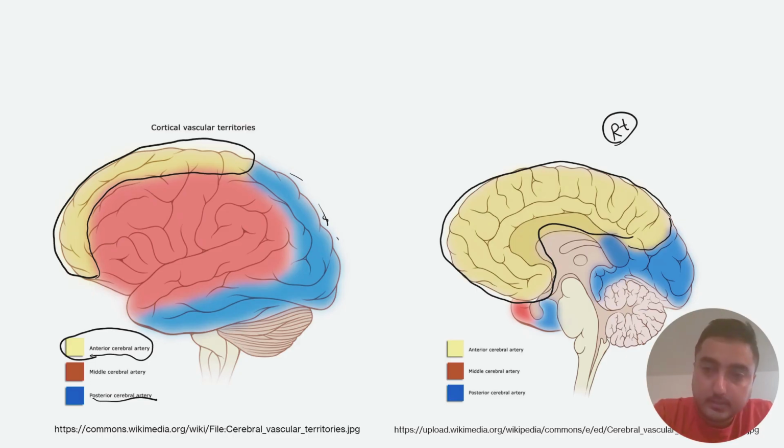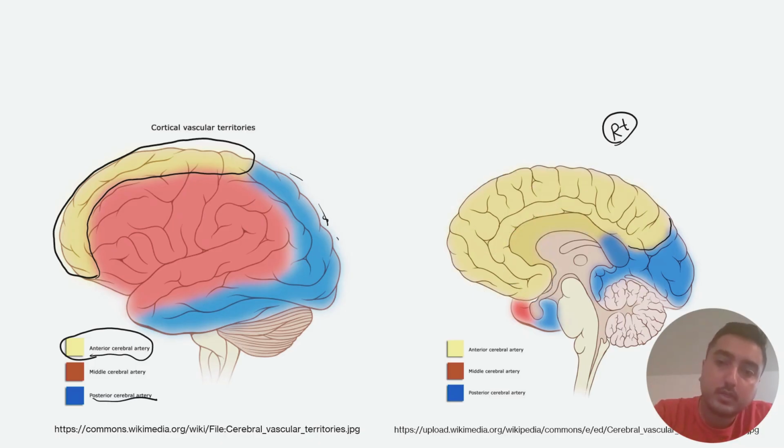So the anterior cerebral artery would run in this fashion over here. Let me highlight this with red. It would run in this fashion on the medial side and then supply different areas that it encounters towards the medial side of the cerebral hemisphere.